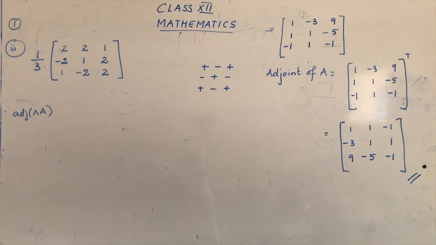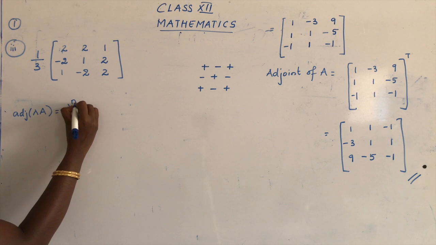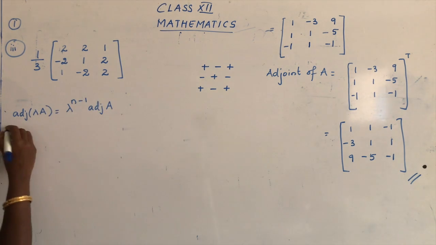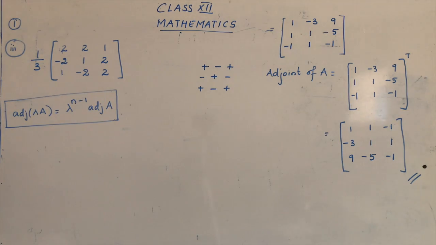So adjoint of lambda A is equal to lambda raised to n minus 1 times adjoint of A. So this is the formula that you people are going to follow. So remember this formula. What's the formula you're going to use here? Adjoint of lambda A is equal to lambda raised to n minus 1 adjoint A. Getting my point?